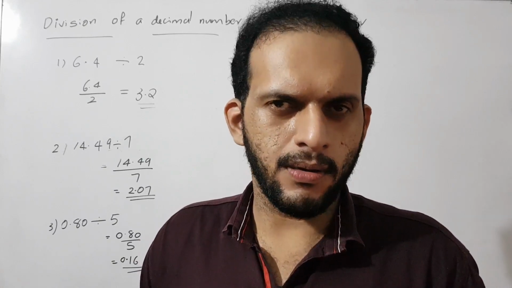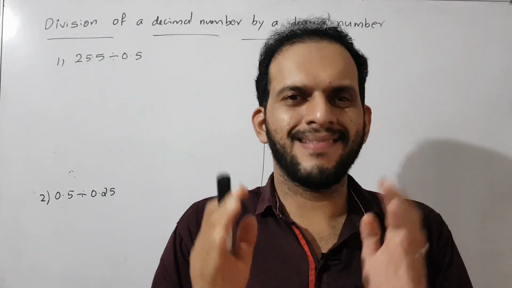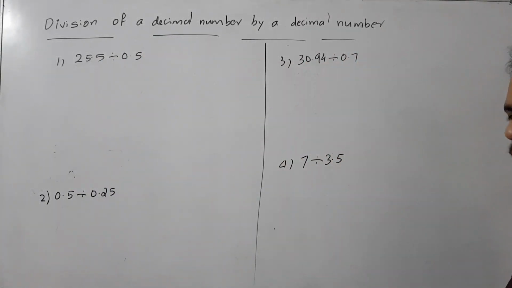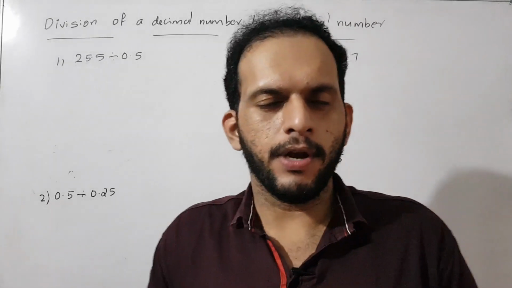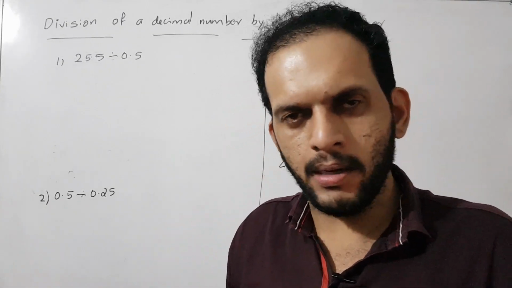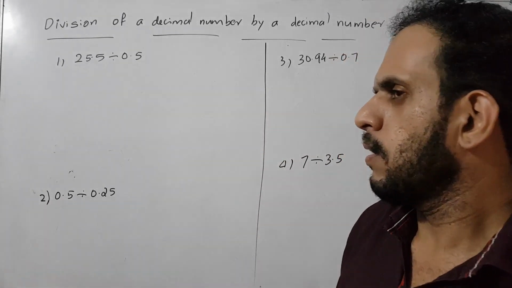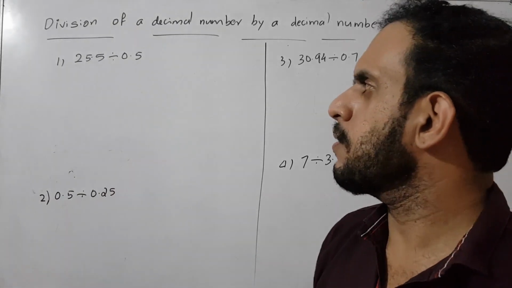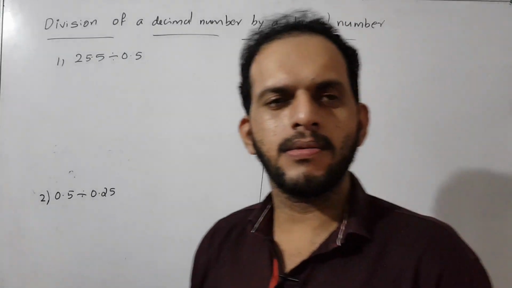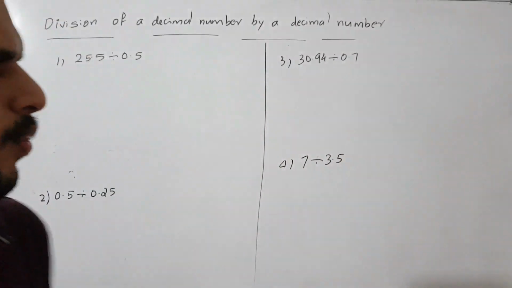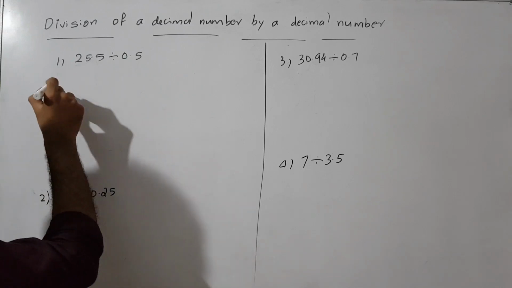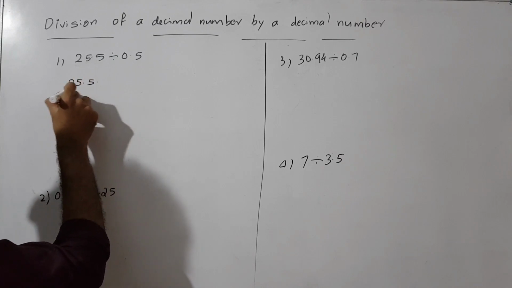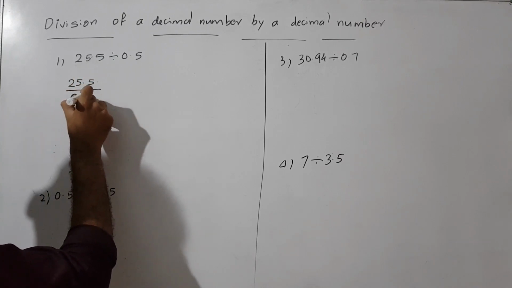Okay, clear? Next we are discussing the division of a decimal number by a decimal number. We are dividing a decimal number by another decimal number. So it's the same idea, with some difference. The first example is 25.5 divided by 0.5. We make it in the form of a fraction like this: 25.5 by 0.5.